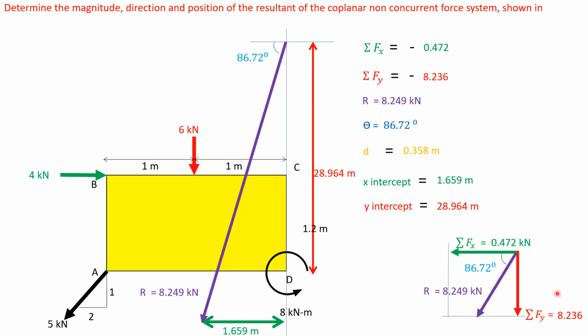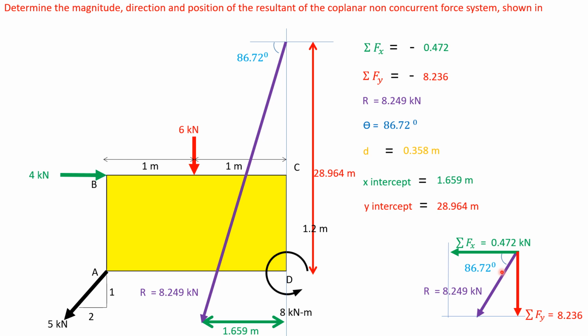So what we have is the summation Fx value, summation Fy value, R value, theta value, D value, X-intercept and Y-intercept. Summation Fx and summation Fy are negative, so the resultant is in the third quadrant, with a magnitude of 8.249 kilonewtons, making an angle of 86.72 degrees.